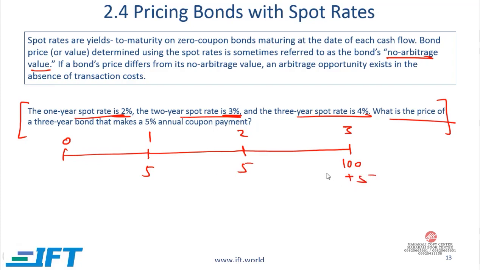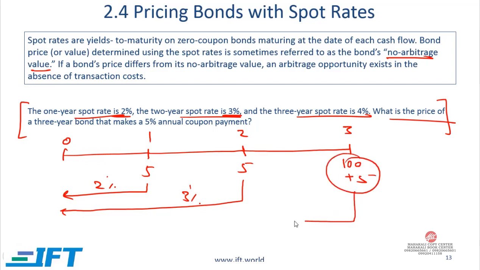Discounting with spot rates means that we take each individual cash flow and discount at the appropriate spot rate. So this cash flow will be discounted at 2%. The second cash flow will be discounted at 3%, and this third cash flow of 105 will be discounted at 4%. We calculate these three numbers and add those numbers.